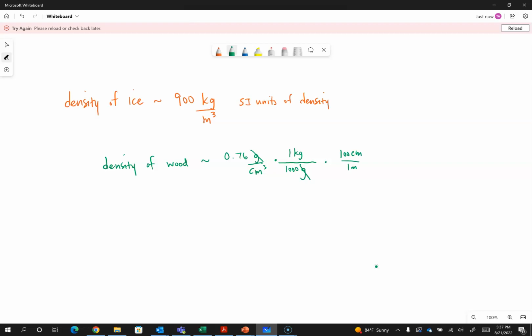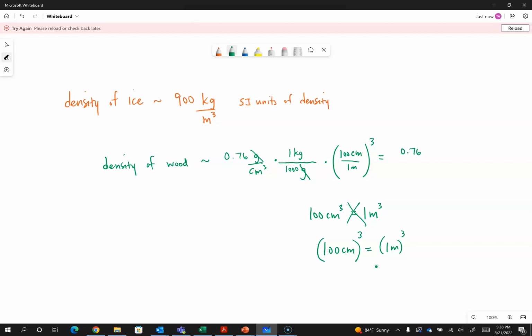What that does not mean, there's most certainly not 100 cubic centimeters in a cubic meter. If we want to go from centimeters to centimeters cubed, we have to cube the whole thing. So 100 cubic centimeters, 1 meter cubed, or just write the conversion as 100 over 1 and then cube the whole conversion.